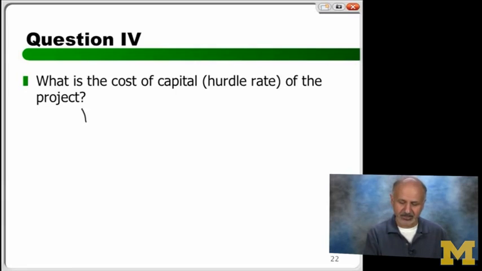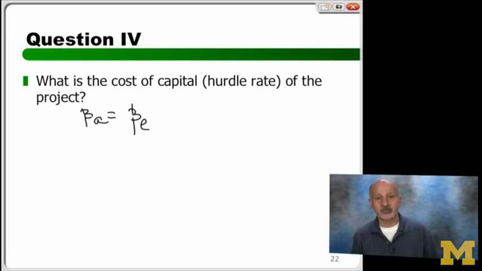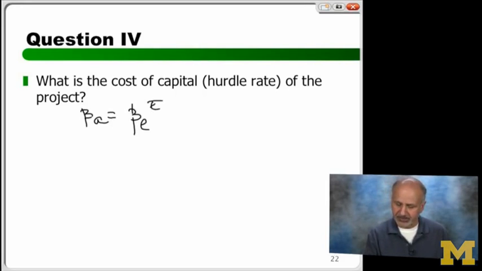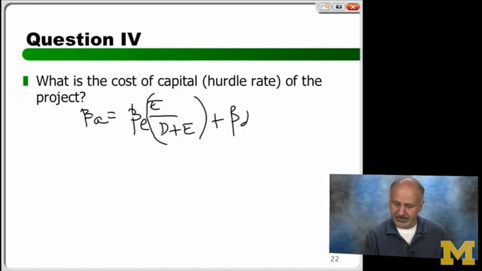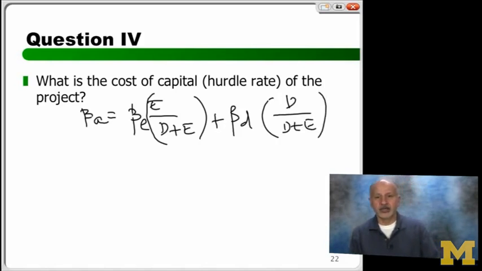So I know this equation. Beta asset is equal to beta equity if what's true? There is no debt. But then it's weighted by equity over D plus equity, plus beta debt weighted by D over D plus E. If you stare at this equation, it won't be very surprising that you can rewrite it as beta equity.